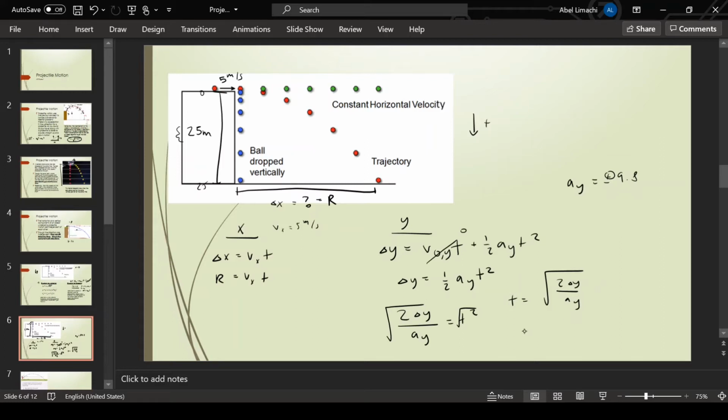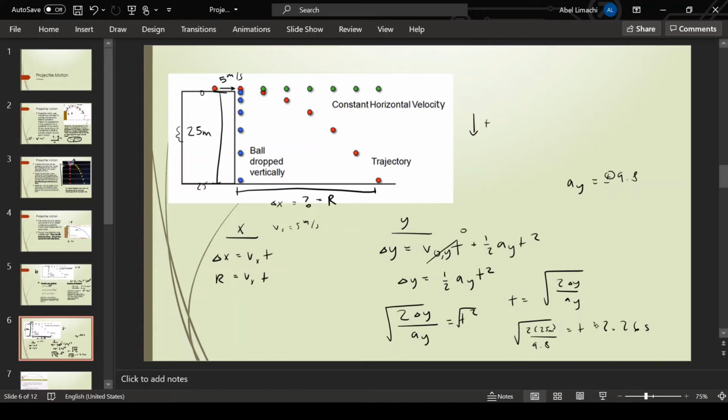So we get that the square root of 2 times 25 meters over 9.8 is equal to t, which equals 2.26 seconds.